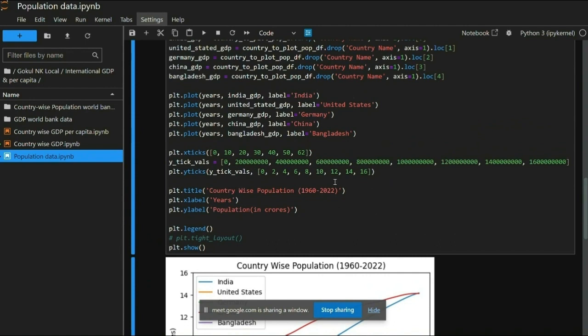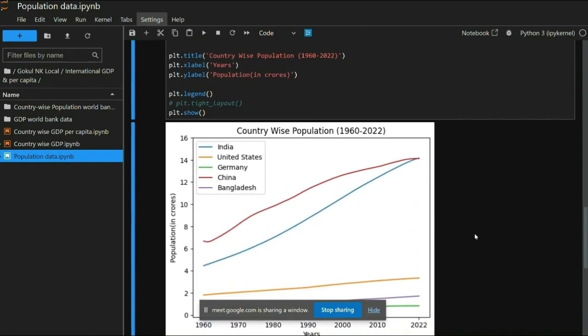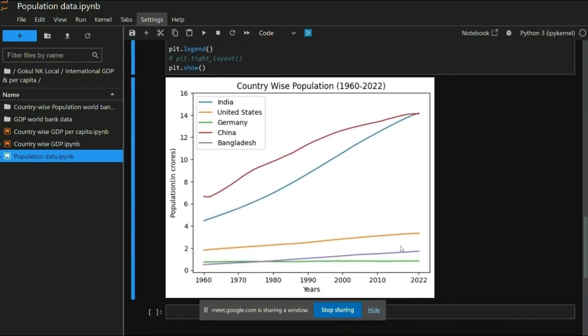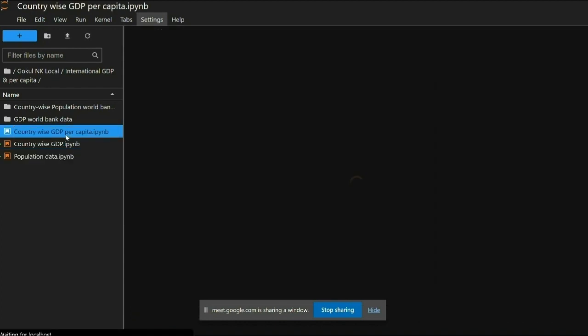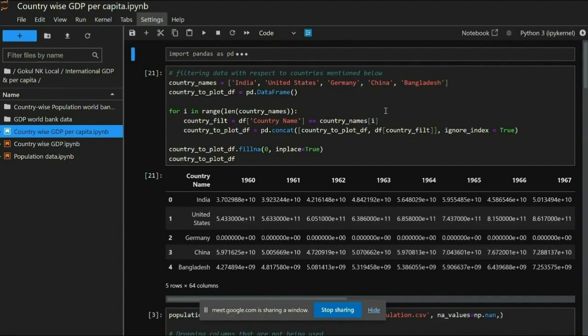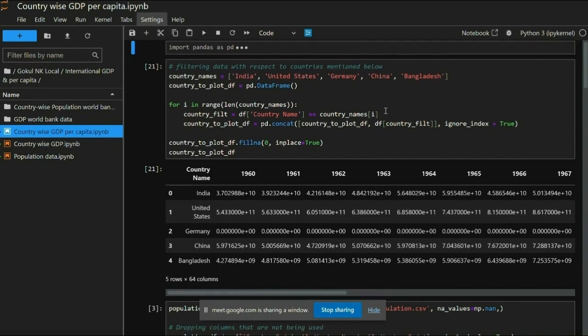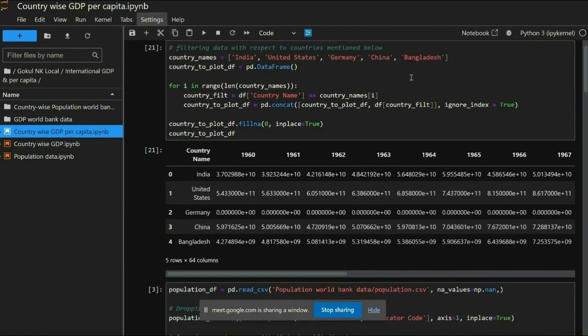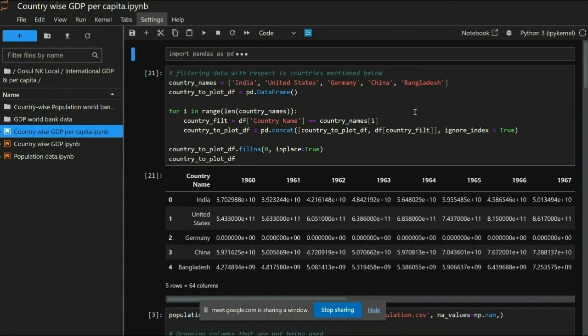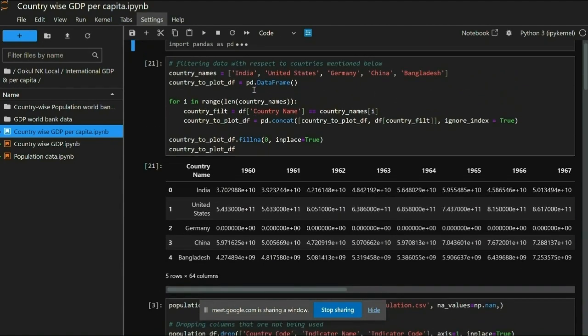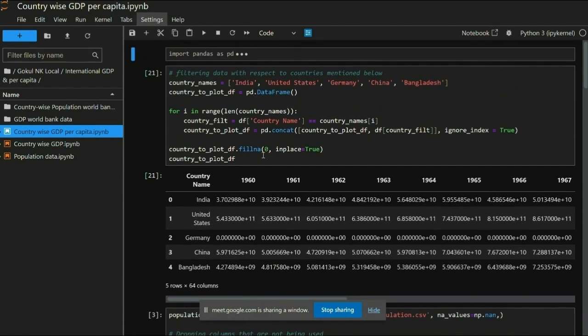Here we are plotting the population for those countries. Here we have loaded the GDP data frame and filtered out those countries which we were already discussing.